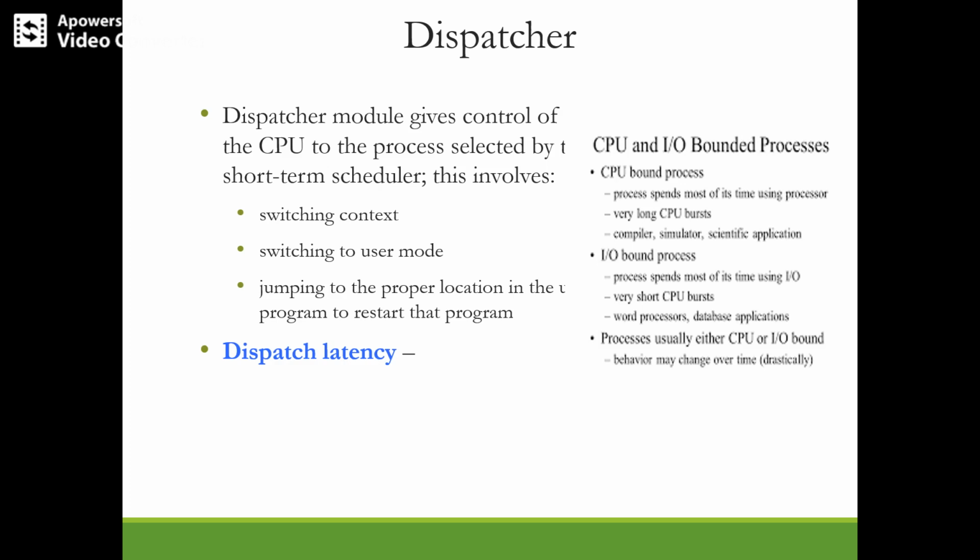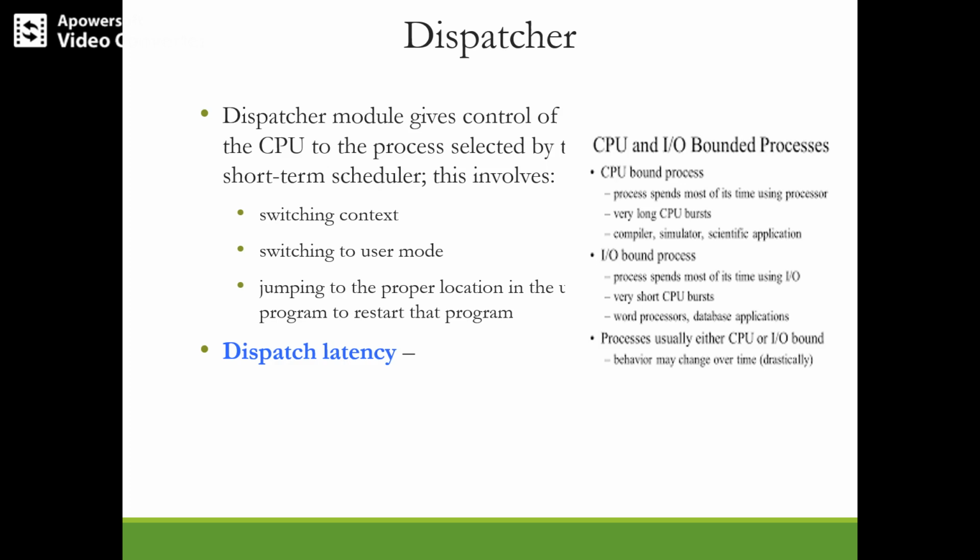The dispatcher is usually a small program that switches the processor from one process to another, and there is some latency or delay during these switches. That is because the dispatcher has to switch the processor from one process to another process, right? For that, some amount of time is reserved during this context switching.